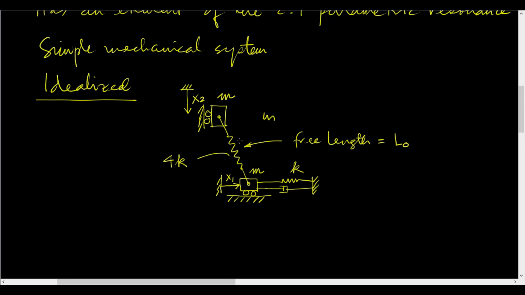So there are nearby systems with other parameters. I just want to keep it simple. This dash part is C, and on this mass there is a force which acts, which is F sine 2t. So I could have detuned it, but I am not doing that.